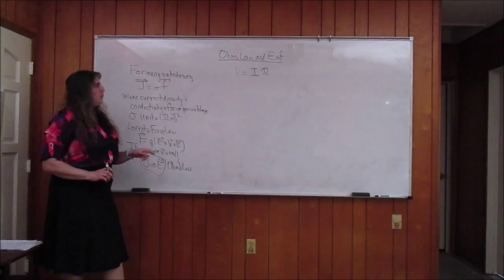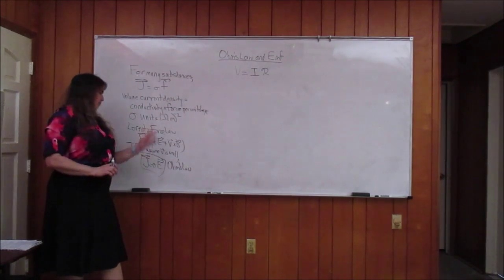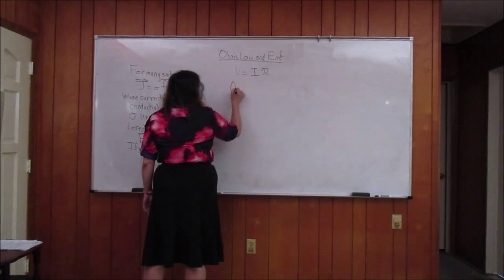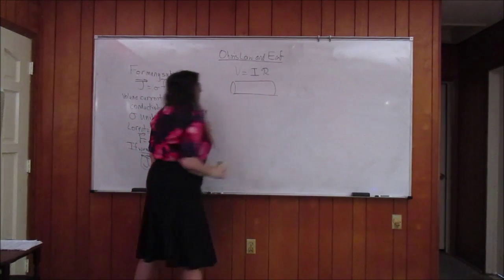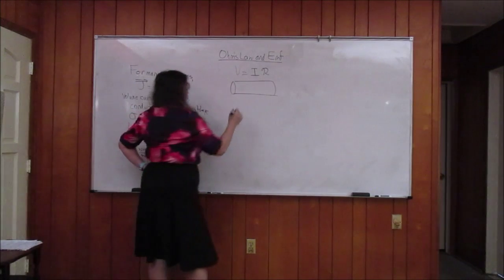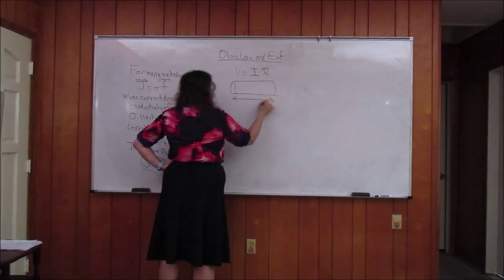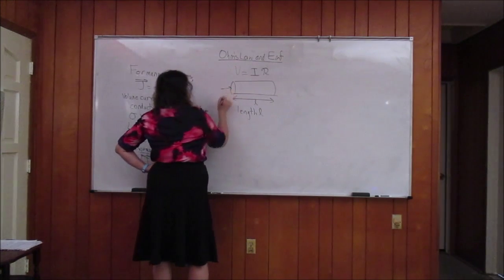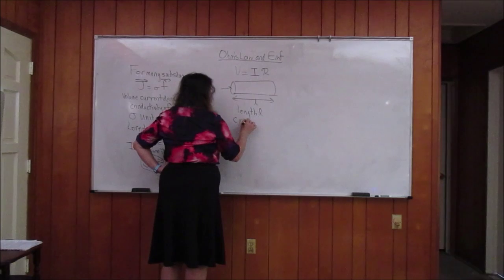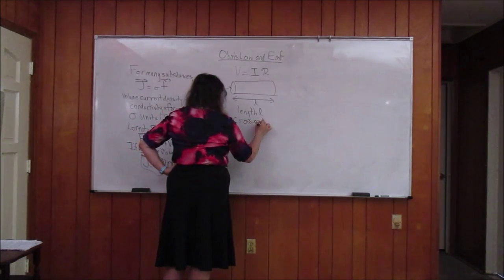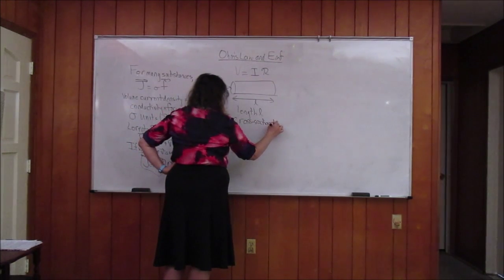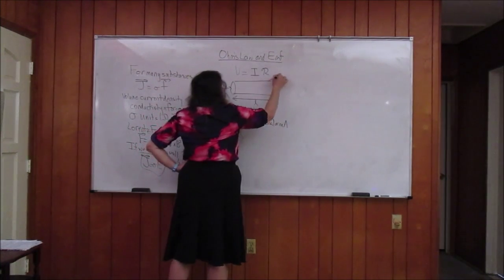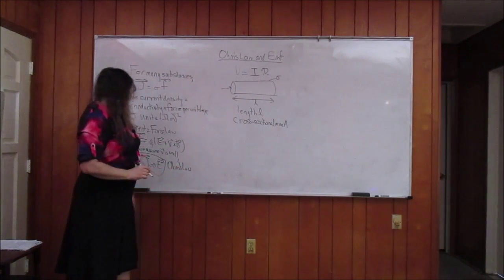Because these forms don't look the same, it might be a good idea to show you that they actually have the same content. So let's look at a straight wire that has length L and cross-sectional area A. And we'll assume further that it is characterized by conductivity sigma.